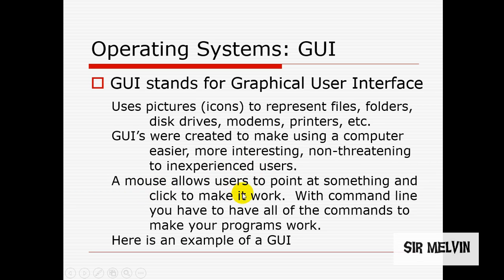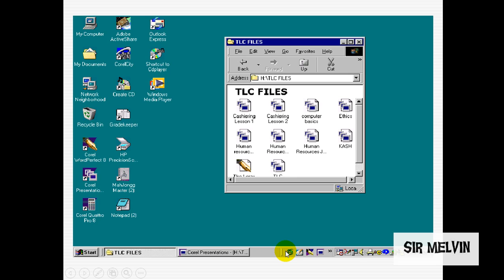Also, a mouse allows users to point at something and click to make it work. With command line, you have to know all of the commands to make your programs work. Here is an example of the GUI. All of the icons that you see on the desktop are the GUI. The icon represents what the application is all about.